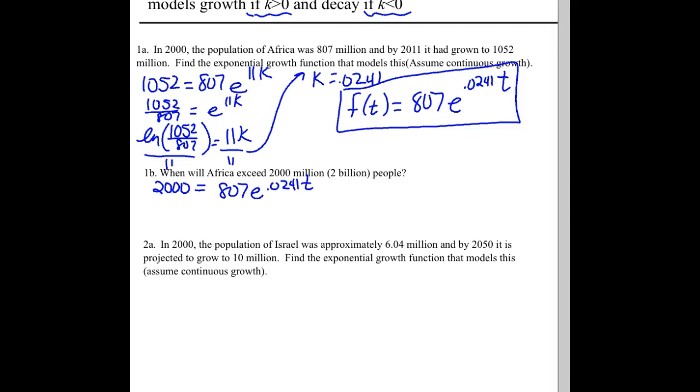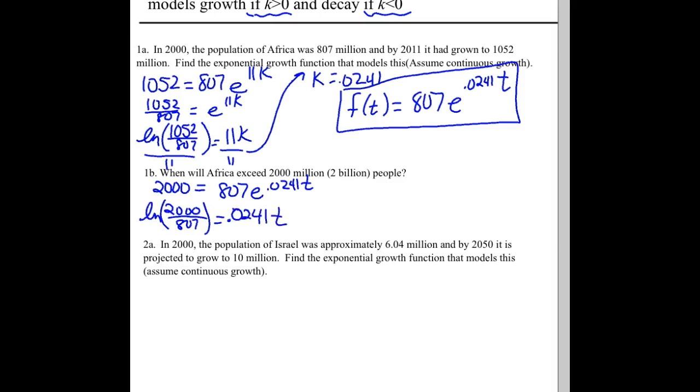And then what do we do to solve for t? Talk through the steps. Divide by the 807, take the natural log, and then divide by k, right? Same steps we just did in the previous one. So we're going to take 2,000 divided by 807. We're going to take the natural log of that.